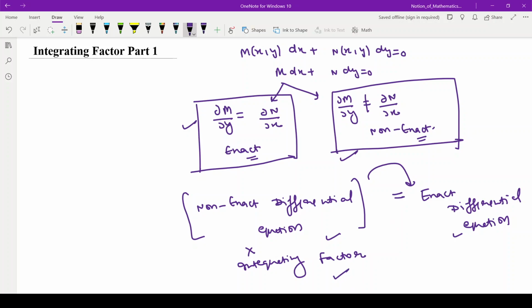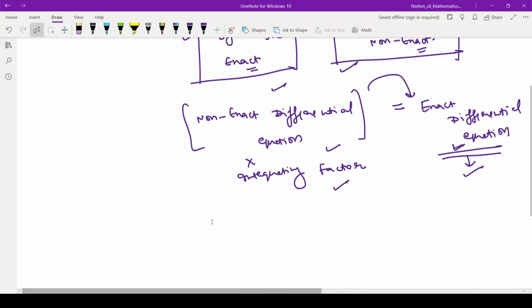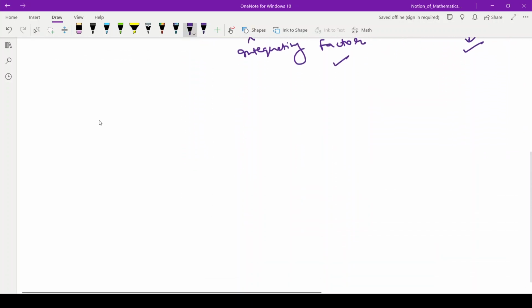So what is an integrating factor? An integrating factor is a function which we multiply with the non-exact differential equation, and then an exact differential equation is formed. And once any equation is an exact differential equation, we can easily solve it by the solution method of exact differential equations.